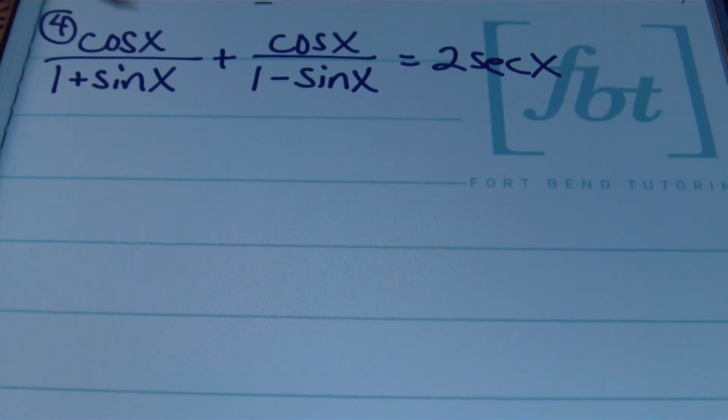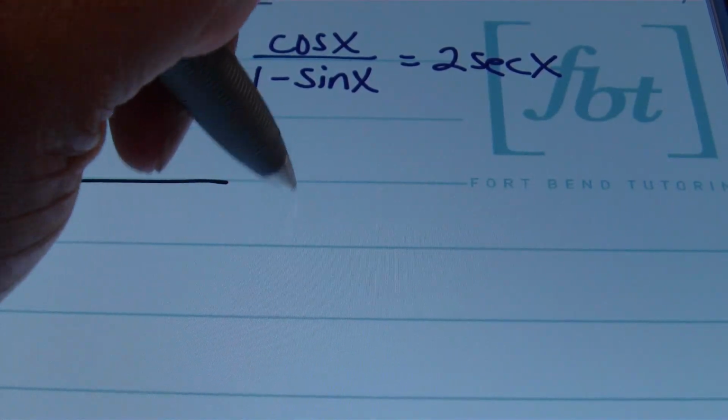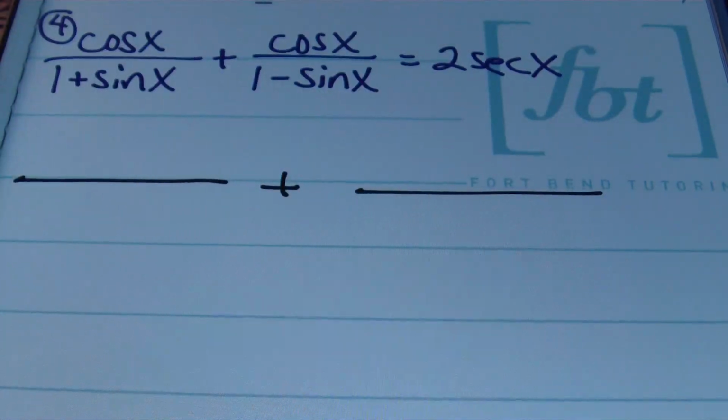And in order to add these 2 fractions together, I need to get a common denominator. That common denominator is going to be 1 plus sine x times 1 minus sine x. So I'm going to go ahead and show that in this first step. I'm going to set up my framework here, just like so, with a common denominator of 1 plus sine x times 1 minus sine x.